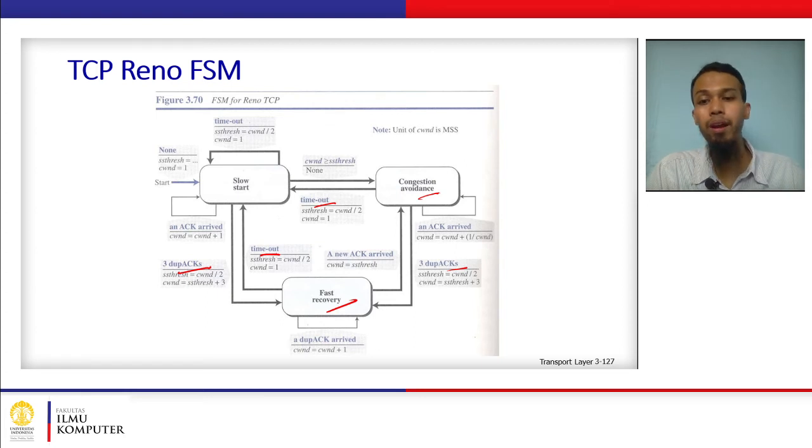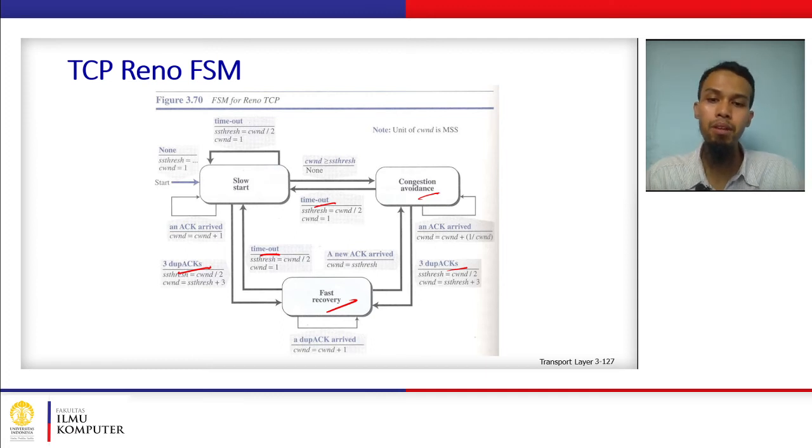And now, when we are in the fast recovery state, there are two ways in which we can go out from the state. Of course, if there is a timeout, then we go to the slow start.